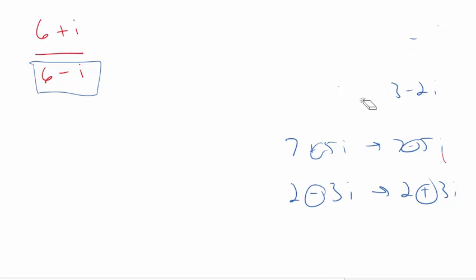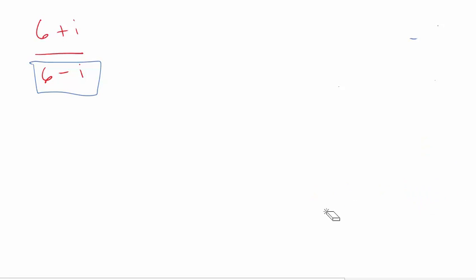So in the case of 6 minus i, since we want to get rid of that i expression in the denominator, we have to multiply the numerator and denominator by this conjugate, which is 6 plus i. It's just a coincidence that its conjugate is the same as the numerator, but we want to multiply the numerator and denominator by 6 plus i.